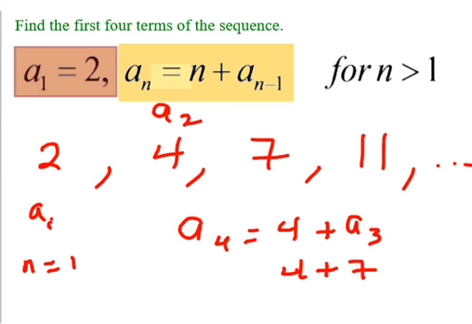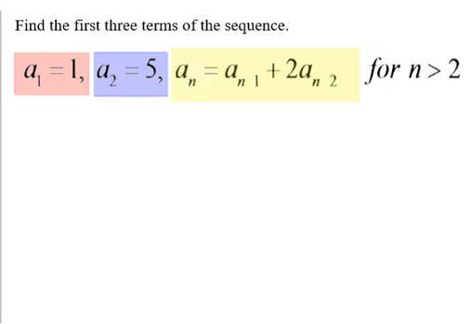We can even make it more tricky. So that one was a little tricky because we had not only a sub n minus 1, but it also used n. And one last level of trickiness is to use a bunch of different previous terms. So here they've given me the first 2 numbers in my list. So I know that the first number is 1.